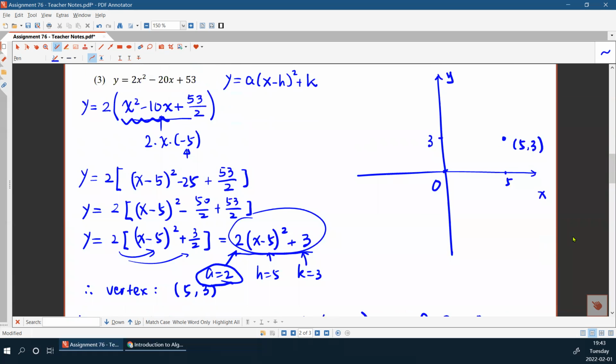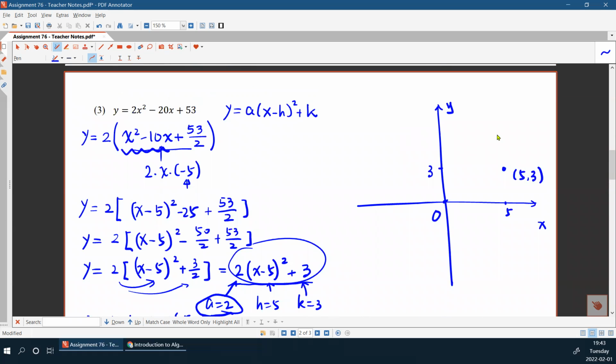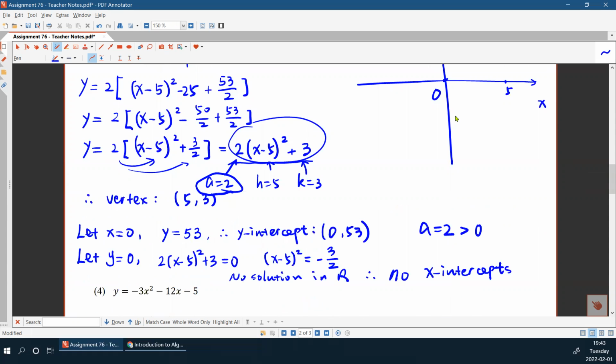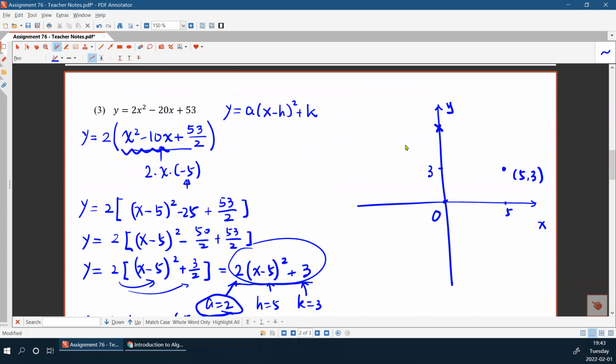Okay, so back to the sketch here. First of all, mark the y-intercept here, which is (0, 53). So basically we have two points on the curve, and this function opens up, and this is the vertex, so this function will have a shape like this, right?